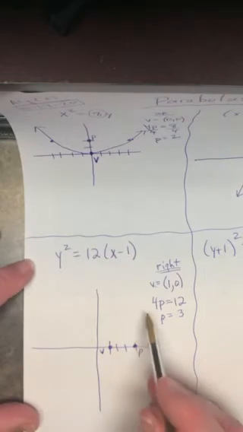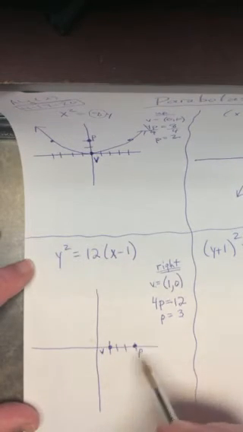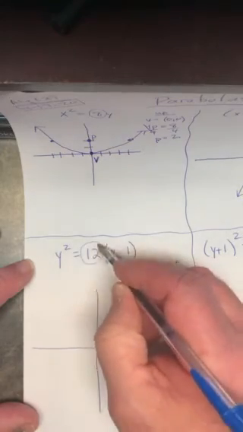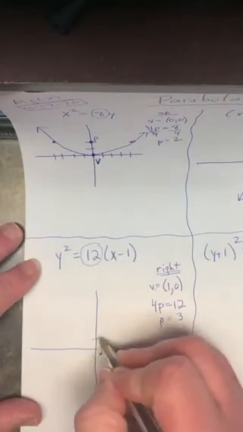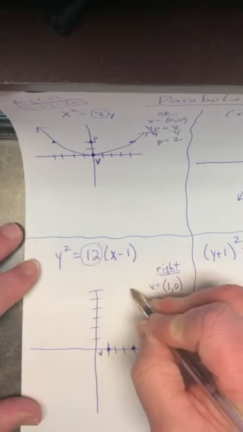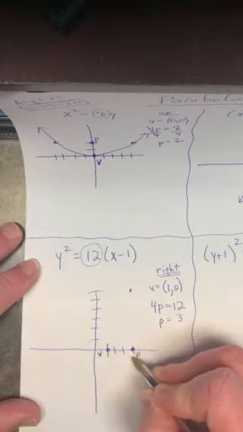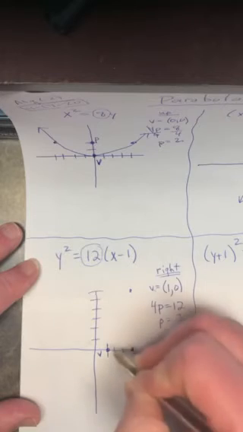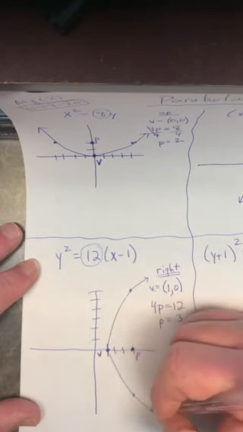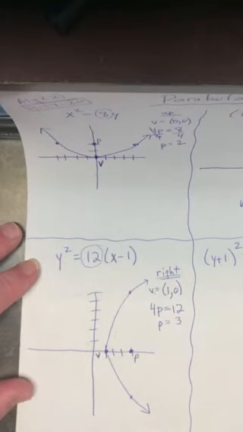So you're picturing a parabola to the right. How wide is it? It's a total of 12. So I've got to go from that point up 6 and down 6, and draw a parabola looking like that. Okay?